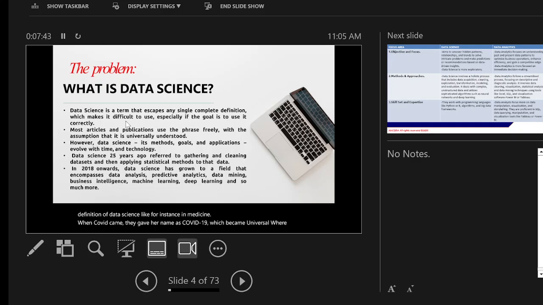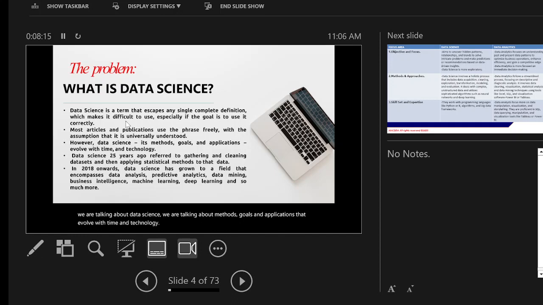Wherever you go, when you talk about COVID-19, people know what it means. We have seen many articles and publications use the phrase freely with the assumption that it is universally understood, which is not the case. When we talk about data science, we are talking about methods, goals, and applications that evolve with time and technology.